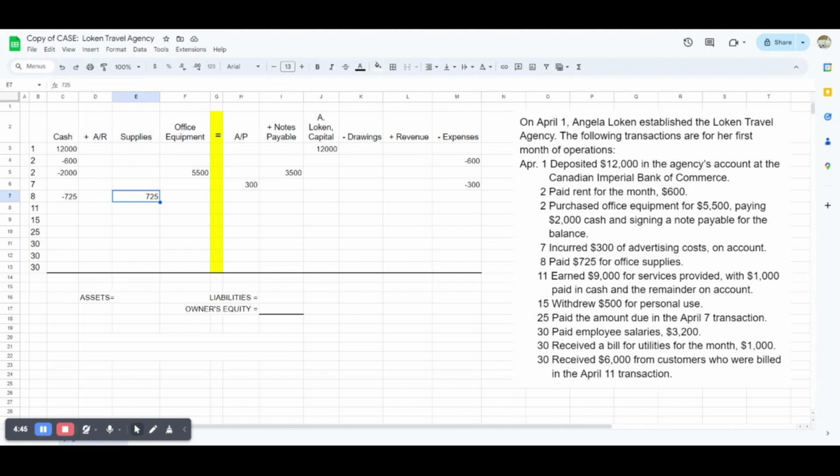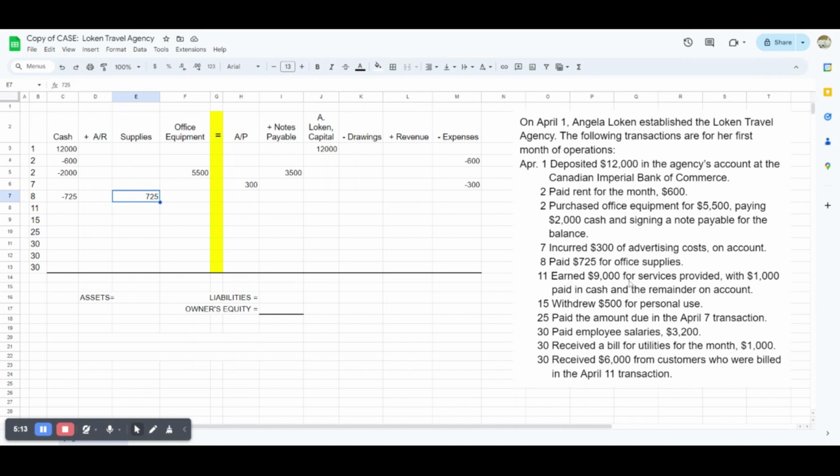Okay, on April 11th, earned $9,000 for services provided, with $1,000 paid in cash and the remainder on account. Okay, so this is a bit similar to the other one we did, April 2nd. Okay, so earn $9,000 for services provided.